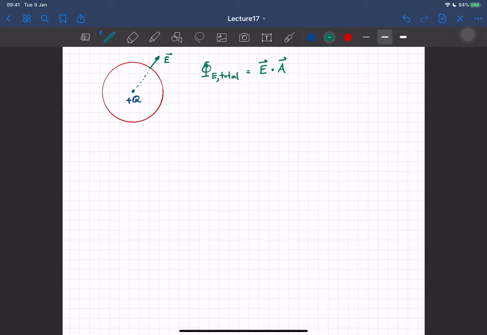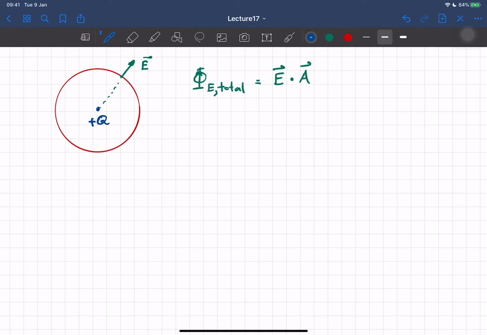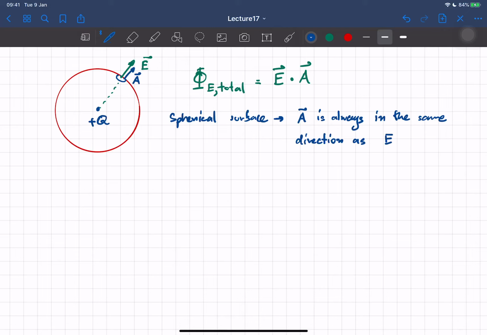In this case, at every point on the surface, the area vector is perpendicular to the surface, but because this is a sphere, the area vector A is always in the same direction as the electric field, no matter where you are on the surface.